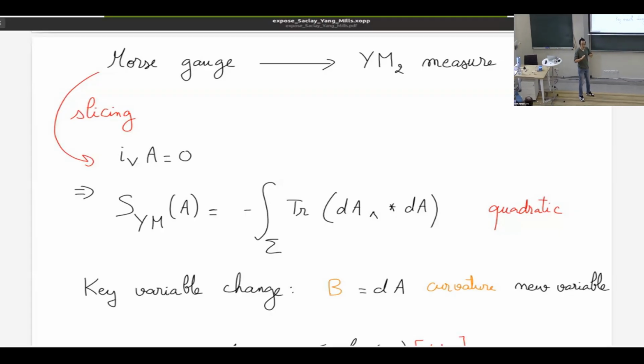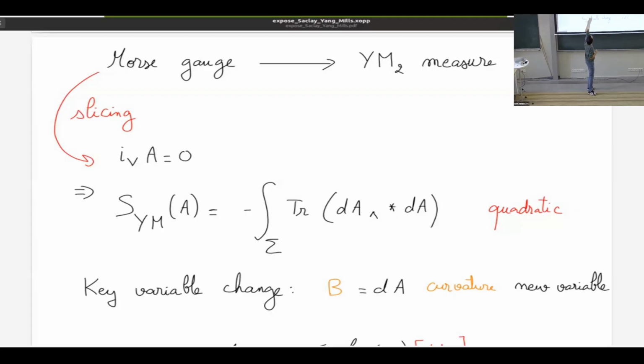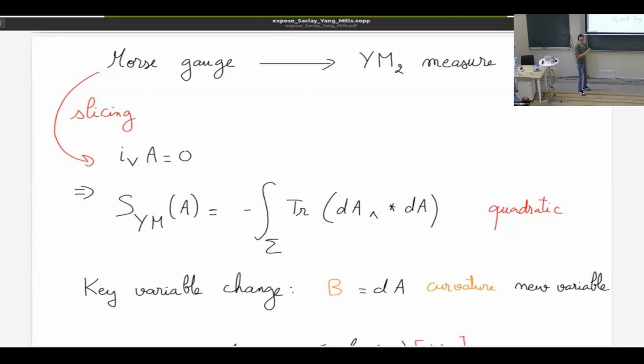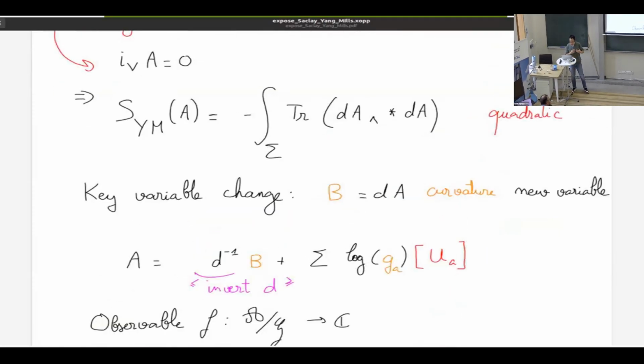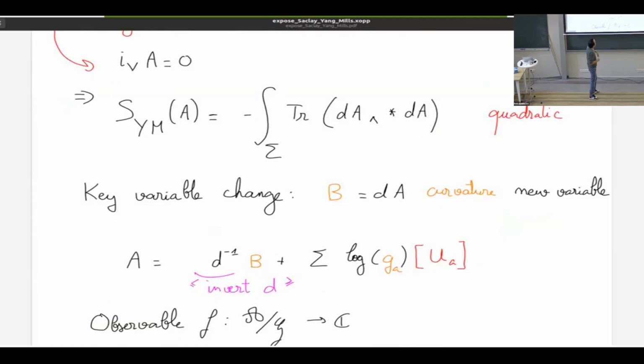As I told you, the Yang-Mills functional for this kind of Morse gauge fixed connection becomes quadratic in A. And now what you are going to do is make a change of variable in your functional integral. The Morse gauge is like a kind of change of coordinates in the path integral. And now I'm going to see what it gives me for the functional integral if I write my theory in this Morse gauge.